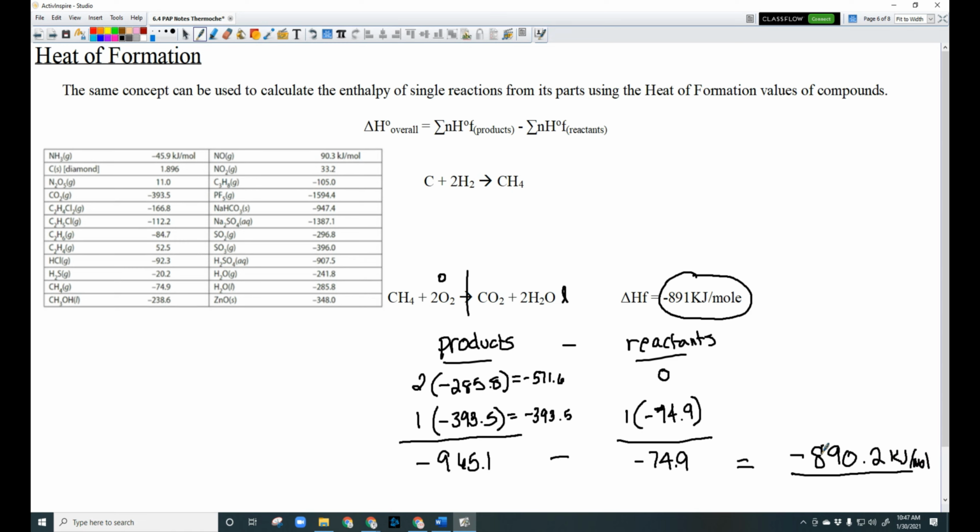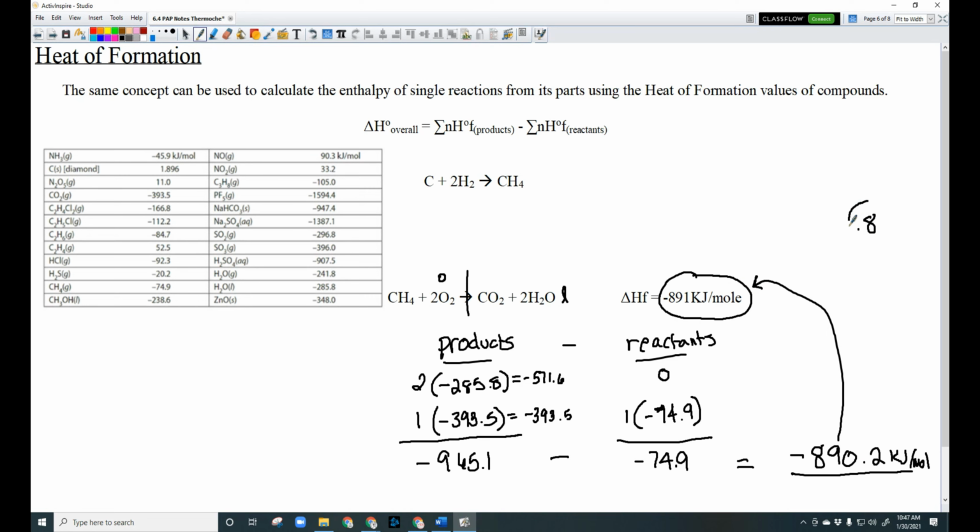Okay, so let's look. Negative 891. Okay, so this is only what, a 0.8 difference. Okay, 0.8 difference. That's nothing.